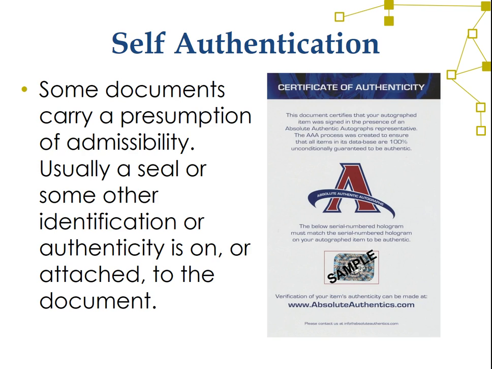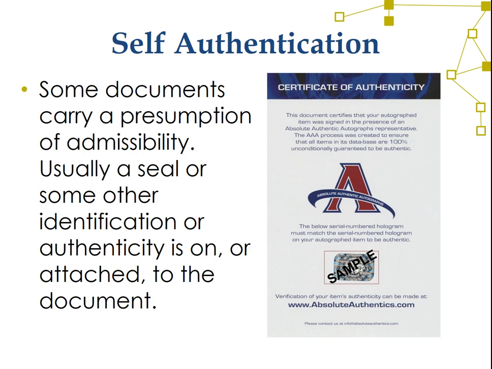Now, Rule 902 of the Federal Rules of Evidence lists 12 types of self-authenticating documents, and we're not going to go through all of them. We're going to pick some of the more frequent ones, but back to the self-authentication thing. So what about a certificate of authenticity?